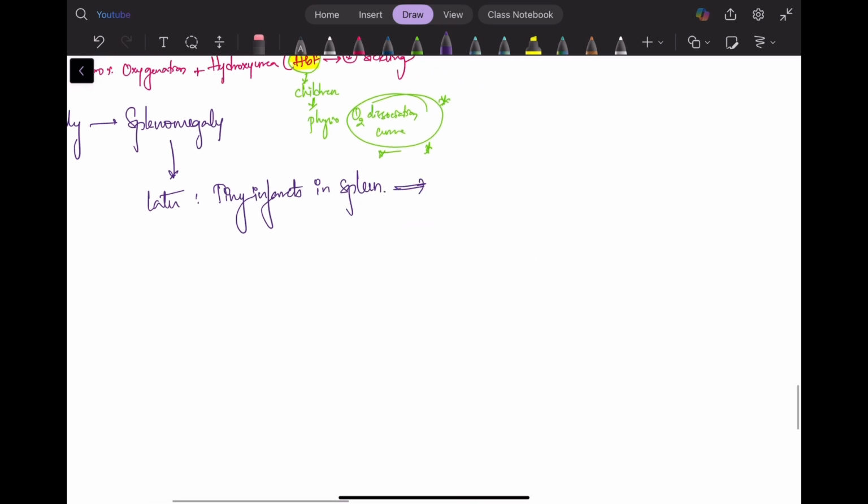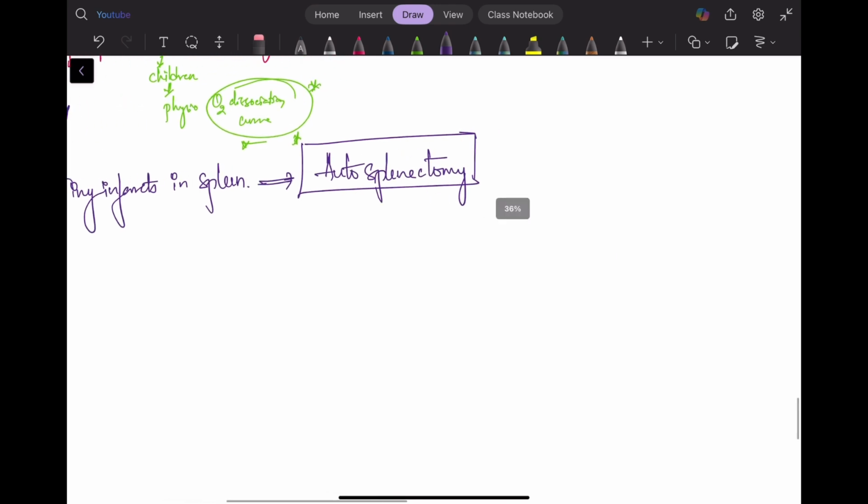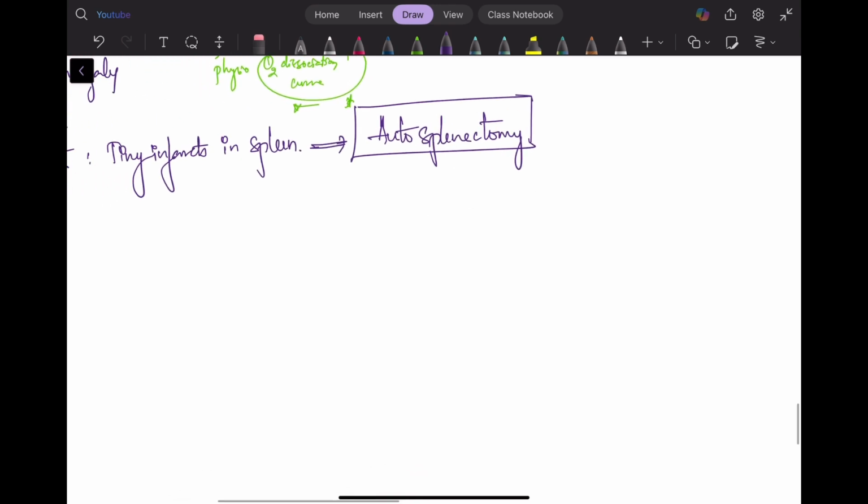Even the spleen gets affected. So the spleen is fed up with its ice cream, so it closes the door of the ice cream shop. No, I can't eat anything more, bro, let me take a break.